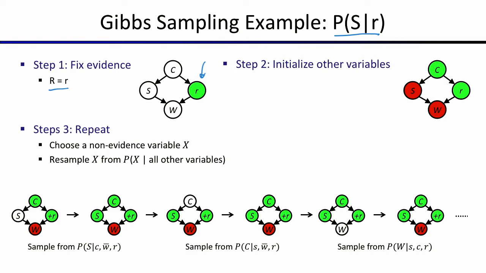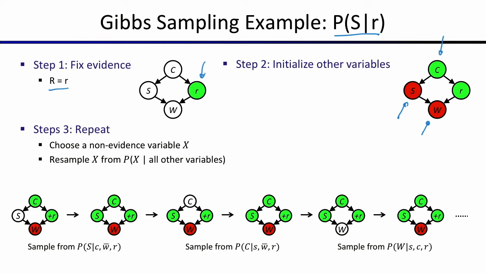Then we go to the second step, which is to initialize all the remaining variables. I'm going to give values for the remaining variables. We need to decide how to do this, but for instance, we could give random values for each variable. There are better options than this one, and we're going to discuss them later in the next slides.